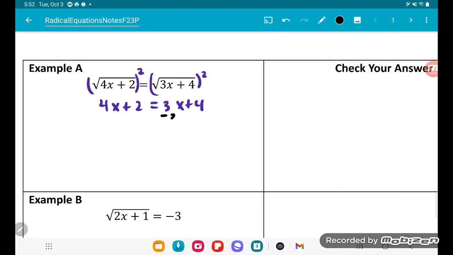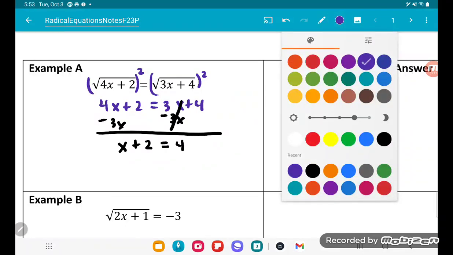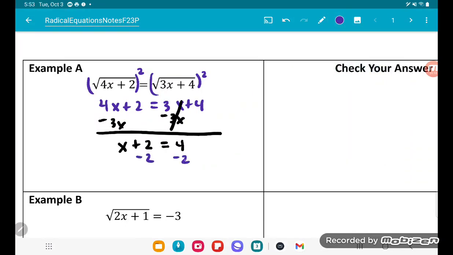From here, subtract 3x from both sides. 4x minus 3x is x. So you're left with x plus 2 equals 4. Next, subtract 2 from both sides of the equation, and x will equal 2.